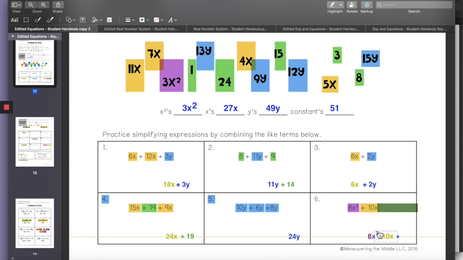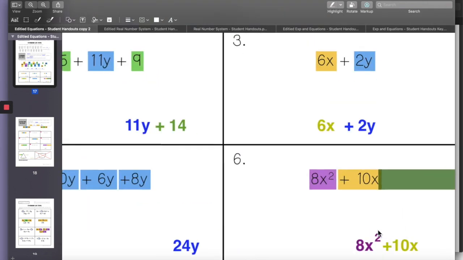And I think it's important to notice that if you did have a different exponent there, for example, this we could combine because the exponents are the same. However, now that the exponents are different, they would be unlike terms. Even though there's an x there, because the exponents are different, you can't combine them.